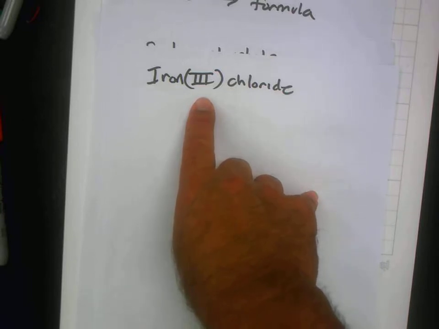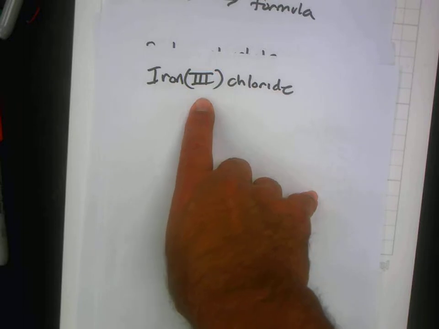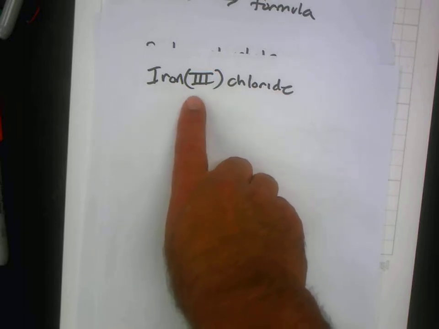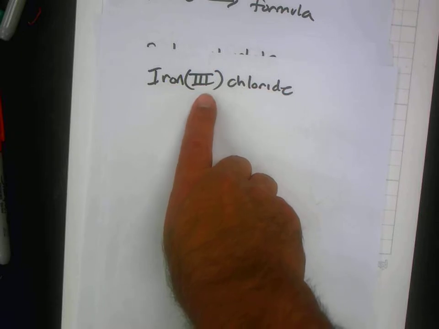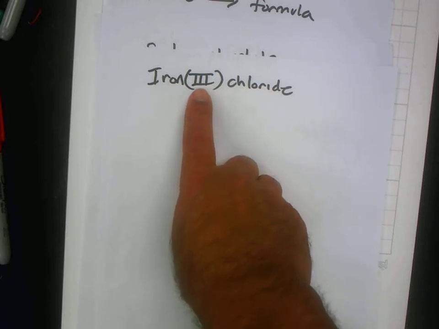Because there's two versions of iron, one with two cations and one with three of it. Okay, good. There's two versions of iron ions. There's one with a +2 charge and one with a +3 charge. Iron 3 is which one? Well, the one with the +3 charge. It's that easy, guys. Whatever this number is, that's the charge on it.